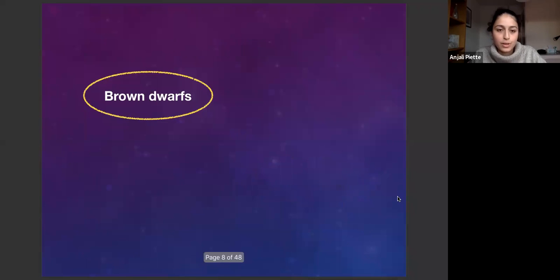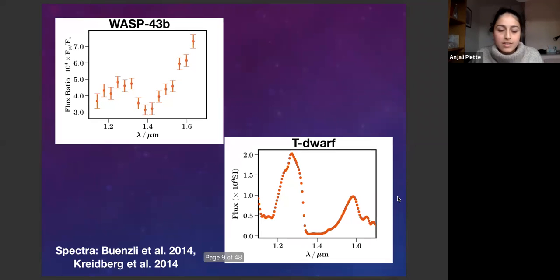So let's start off with the brown dwarfs. One of the reasons that we were motivated to work on this is that there's amazing data available for isolated brown dwarfs. For example, with Hubble data, this just shows you the difference in the signal to noise that we can get between a hot Jupiter and an isolated T-dwarf.